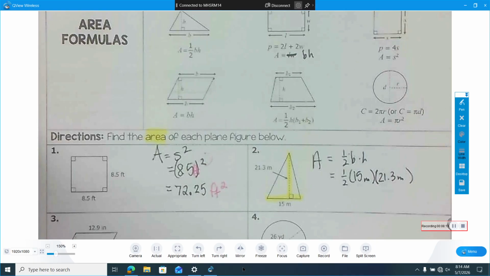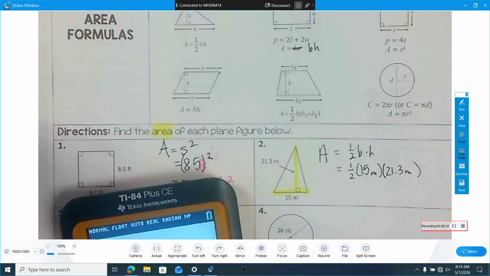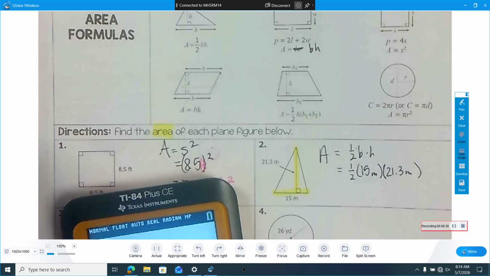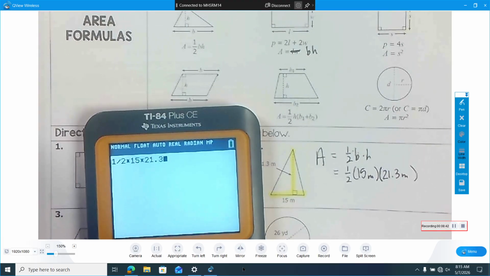And again, you can put that into your calculator. How do you put the 1/2 into your calculator? Just 1/2, or you can just divide by 2. So just so you know, there are lots of ways. You could just do 1 divided by 2 times 15 times 21.3.